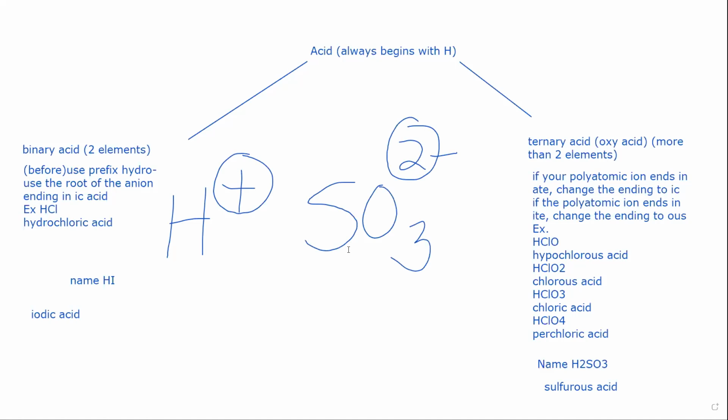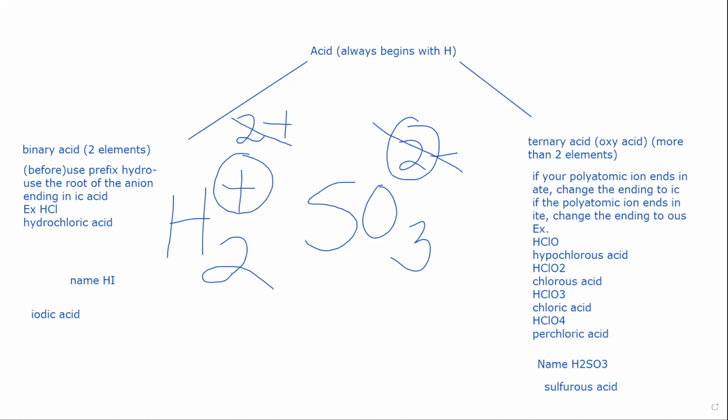So in order for this to balance, you need to take the 2 multiplying, and that gives you 2 positives. And then 2 positives and 2 negatives cancel. You see that? That's why we do the crisscross. It's so that the charges balance out. Does that make sense? That's why the H2 is there.